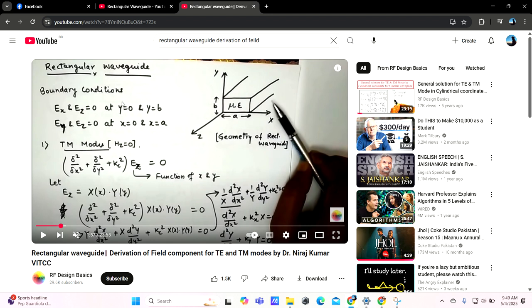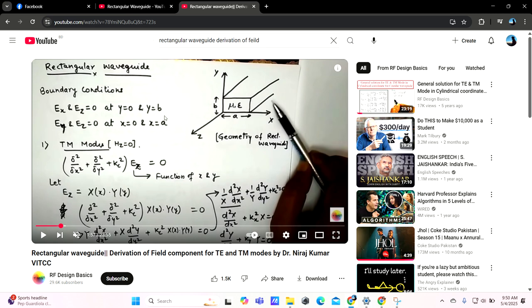As I said earlier, we will deal with 4 surfaces. For y goes to 0 on this surface we can see Ex and Ez will be 0, and for y goes to b on this surface the condition will be the same. For x equals 0 and x equals a, we can see our Ey and Ez will be 0.